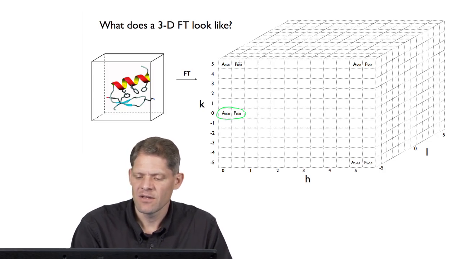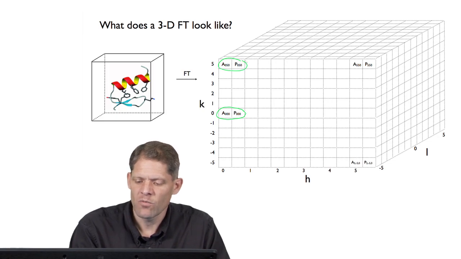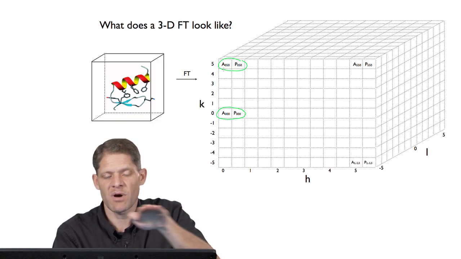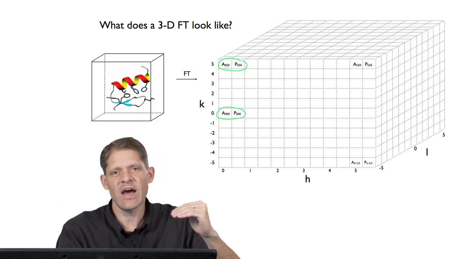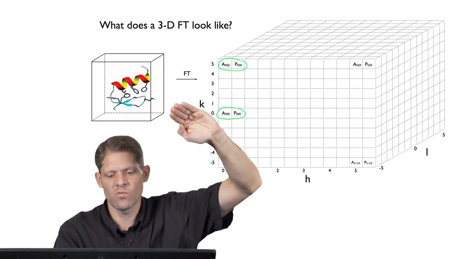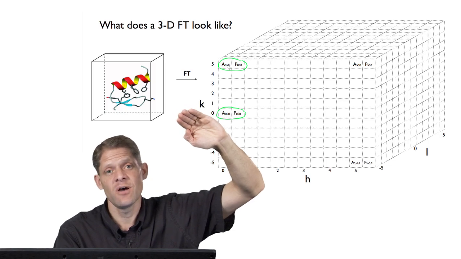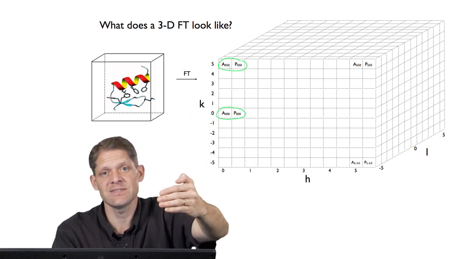On the other hand, these pixels would give the amplitude and the phase of a wave that had 0 oscillations across the box in x, but 5 oscillations across the box in y, and 0 oscillations across the box in z.